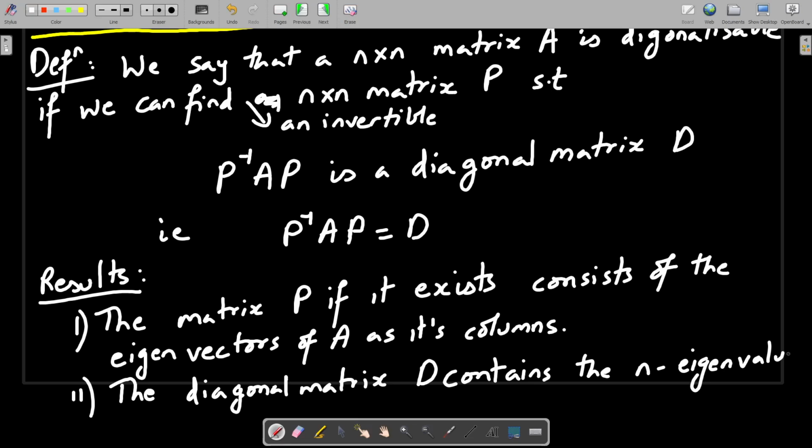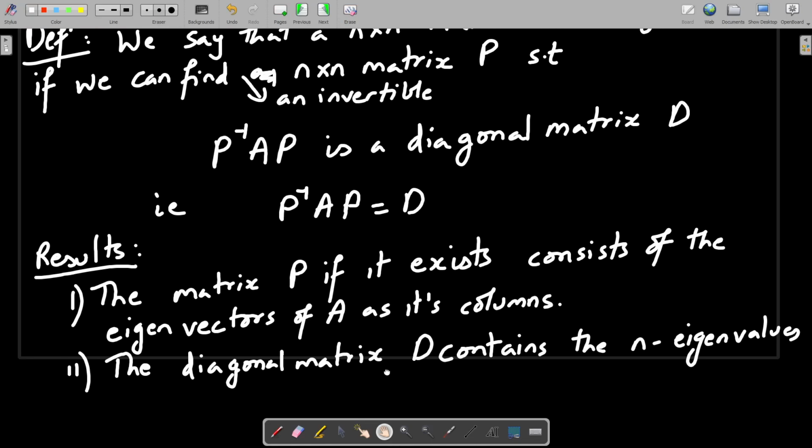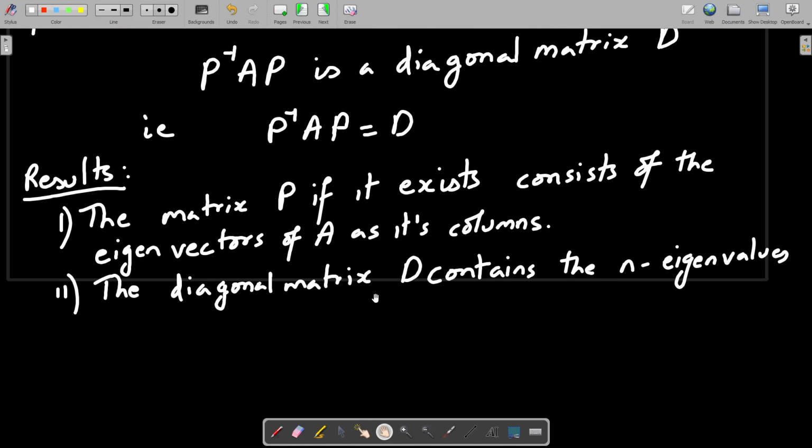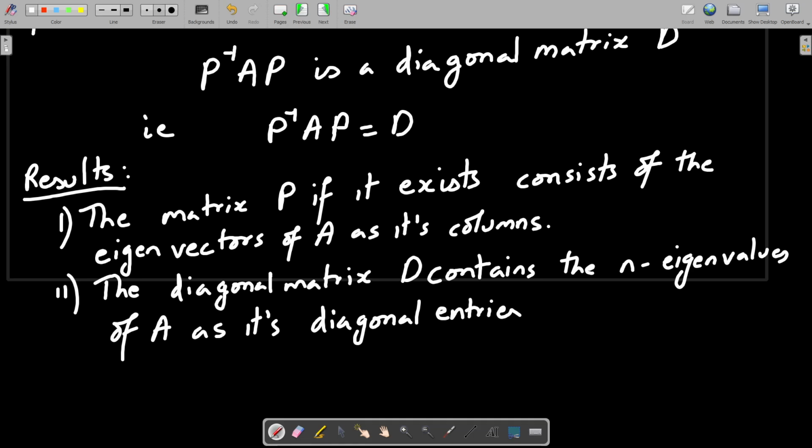So those n eigenvalues of A are its diagonal entries, and every other entry will be 0. Okay, this is a diagonal matrix.